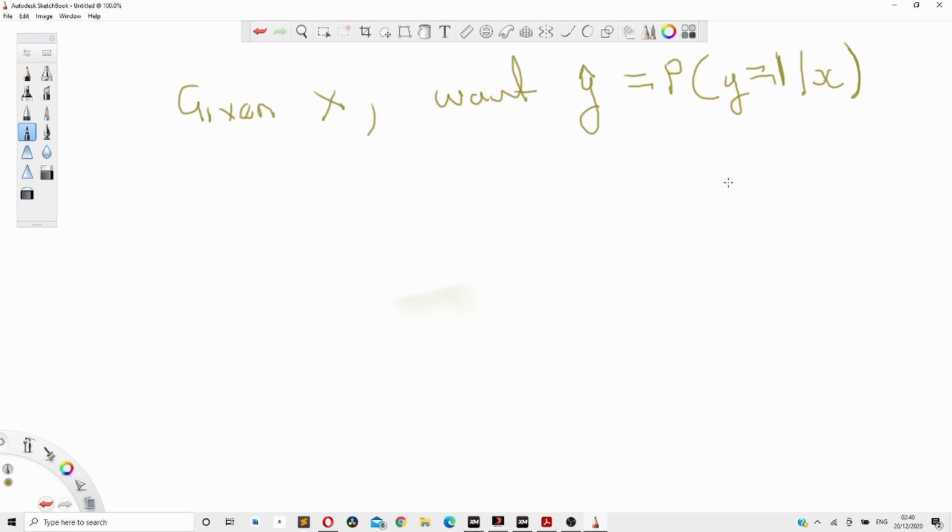What logistic regression does is that, instead of using y equals w x plus b, we use y equals the sigmoid of w x plus b.